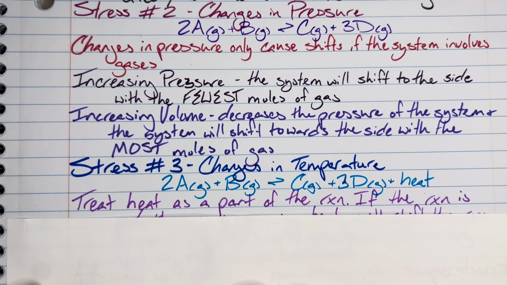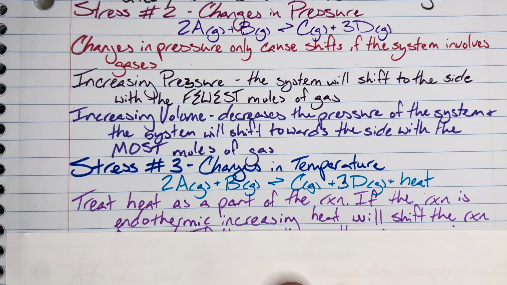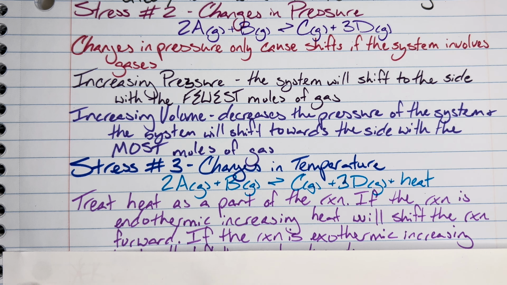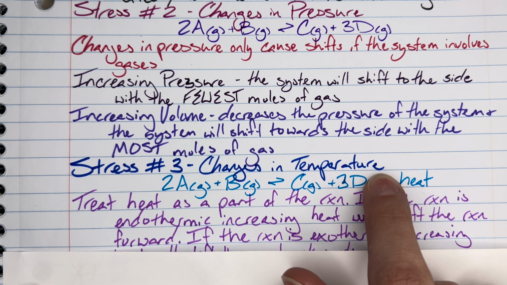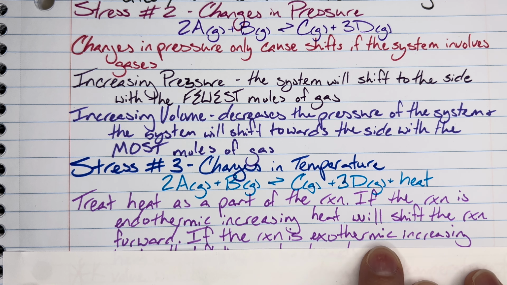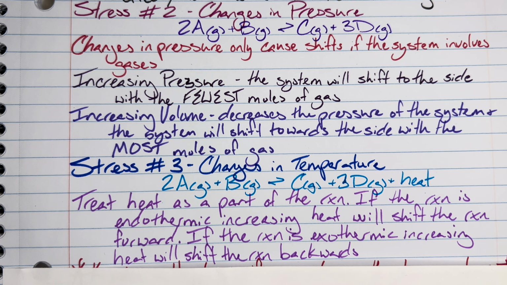Okay, you're going to treat heat as part of the reaction, and if the reaction is endothermic, increasing the heat will shift the reaction forward. Okay, we now have extra of a reactant, and so we're going to shift toward product. And if the reaction is exothermic, increasing the heat would shift the reaction backwards. Again, we would have extra of a product, so we would shift back towards reactants.